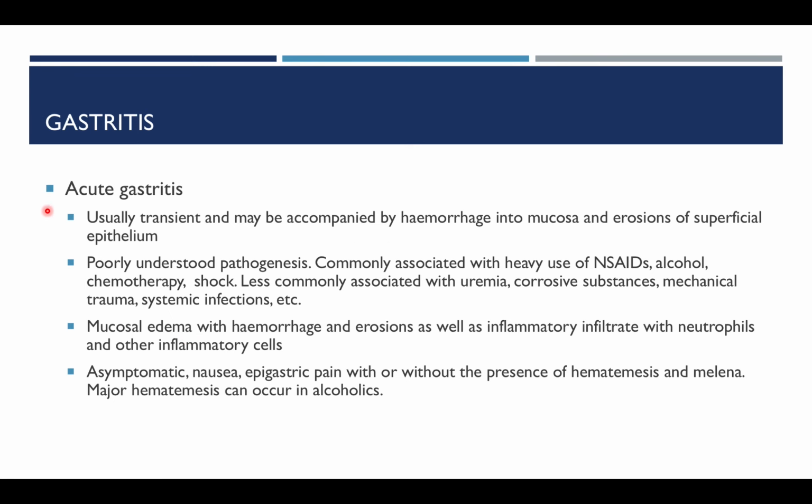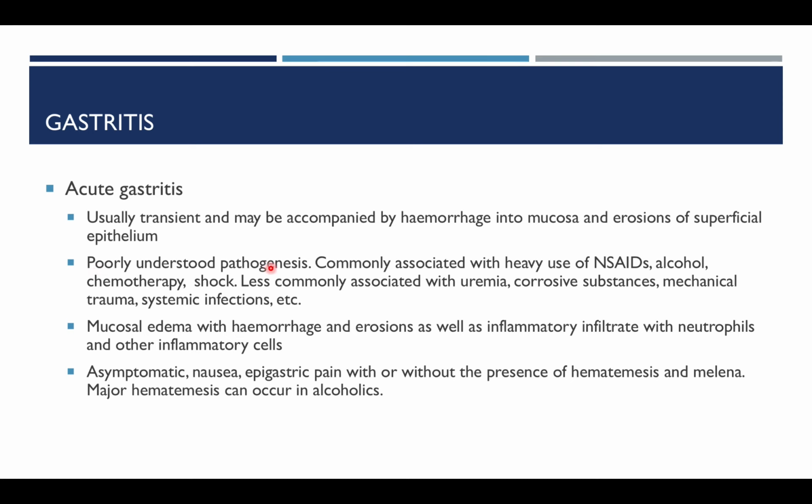So in terms of gastritis, we have acute gastritis and we also have chronic gastritis. So in this slide, we can talk about acute gastritis. So acute gastritis, which is acute inflammation of the stomach, tends to be transient and usually accompanied by hemorrhage or erosions.